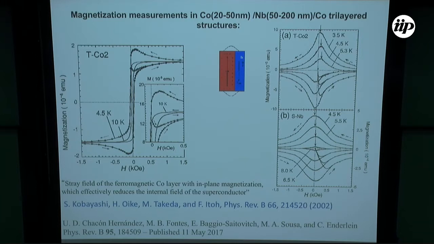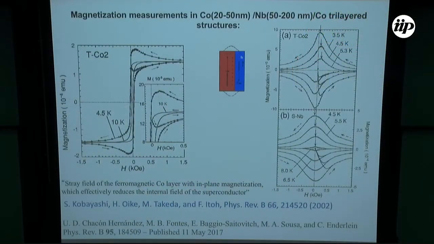However, when I look in the literature, what about magnetization measurements? That's hard to find. I only found this one in 2002 by Kobayashi, who was the pioneer working on magnetization measurements on these structures.